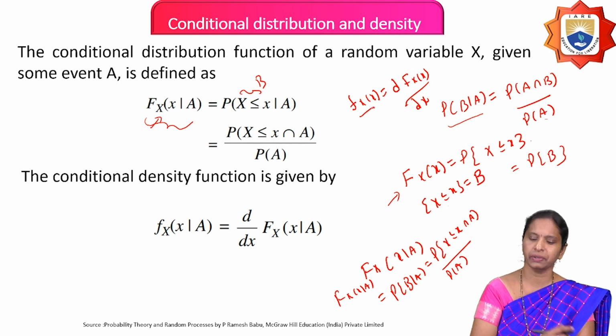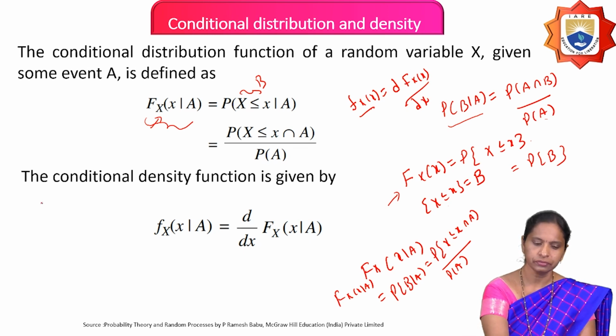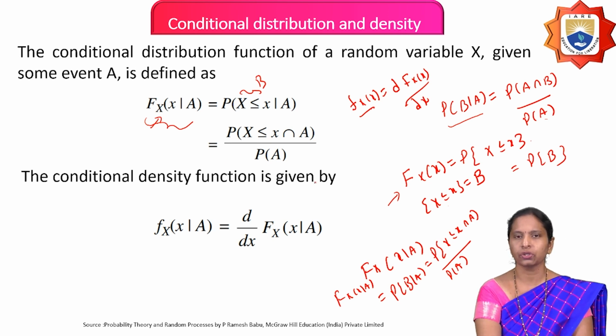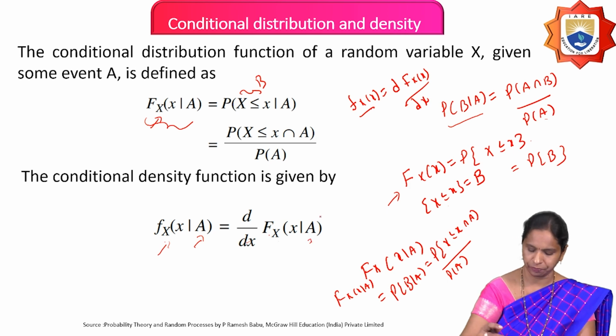This is the relation between the density function and the distribution function of a random variable X. In a similar manner, you can define the conditional density also. The conditional density function of the random variable X given the conditioning event A is equal to the differentiation of the conditional distribution function of the random variable X given the conditioning event A.